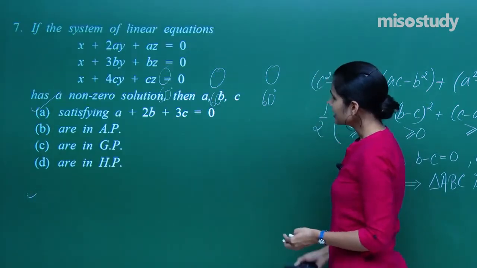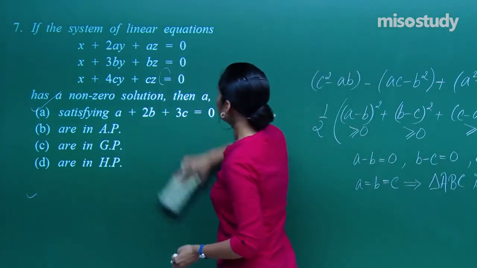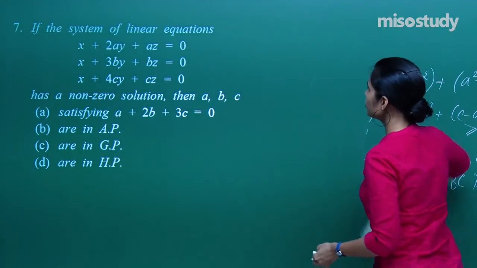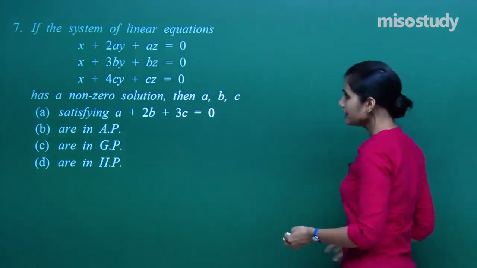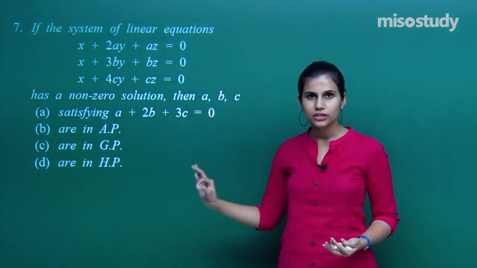Now, the next question is again related to a system of linear equations. It says if this has non-zero solution. See, this is a homogeneous system of equations and it is given that it has a non-trivial solution. This can only happen when the coefficient matrix is singular.